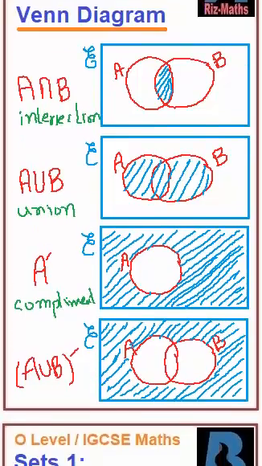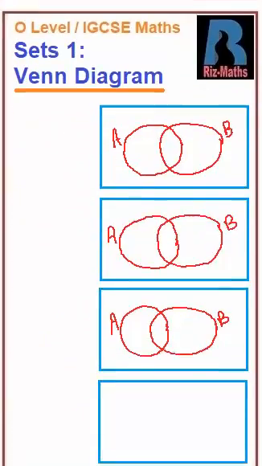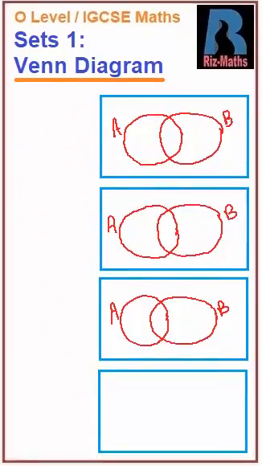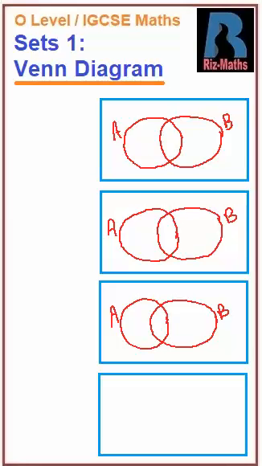Okay, so now more complements and Venn diagrams. If we are to show in the Venn diagram what is A intersection B whole complement, so obviously A intersection B is the common region of A and B, this one.